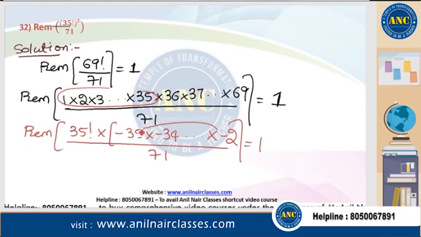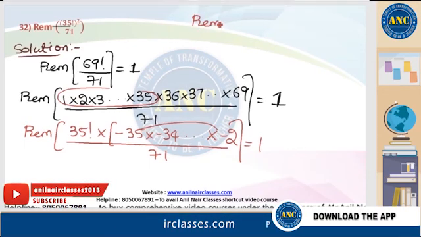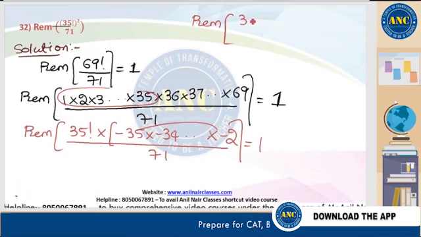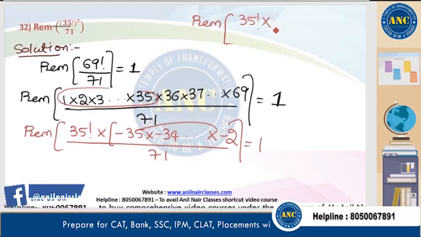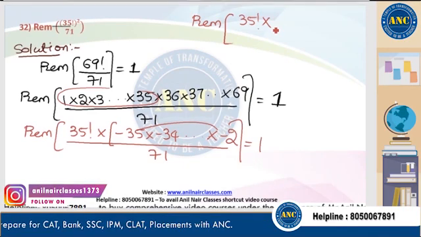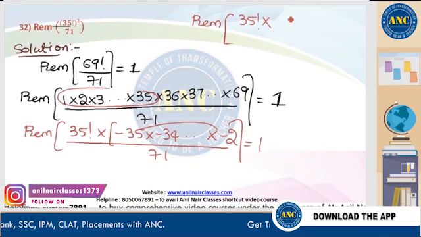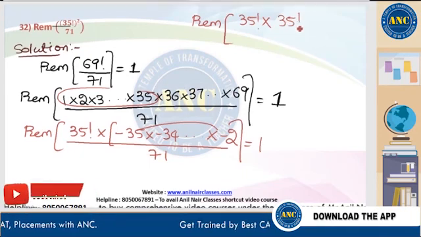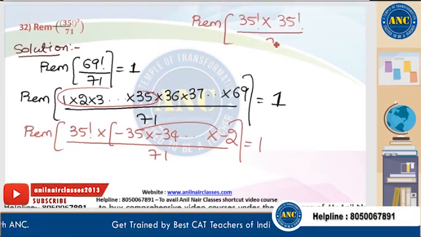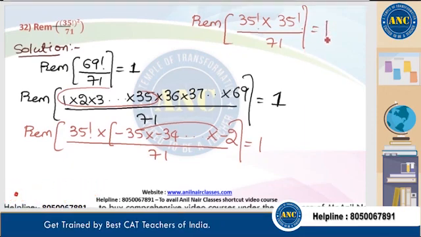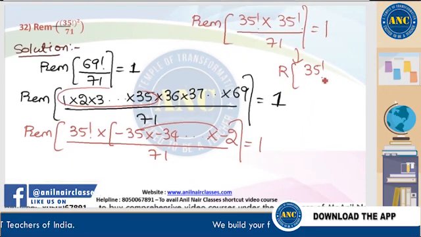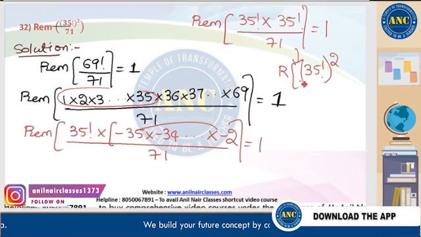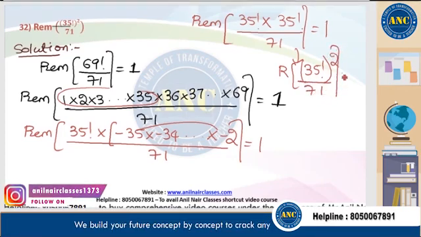I told you numbers from A to B is B minus A plus 1. Remainder 1. 35 factorial into 2 to 35, which is 34 numbers, so 34 negatives will become positive. So this 35 factorial times 35 factorial divided by 71 is 1, which is nothing but 35 factorial whole square divided by 71, which is 1.